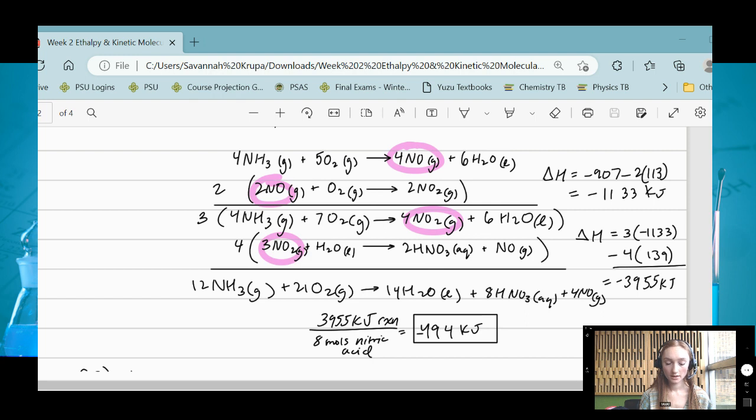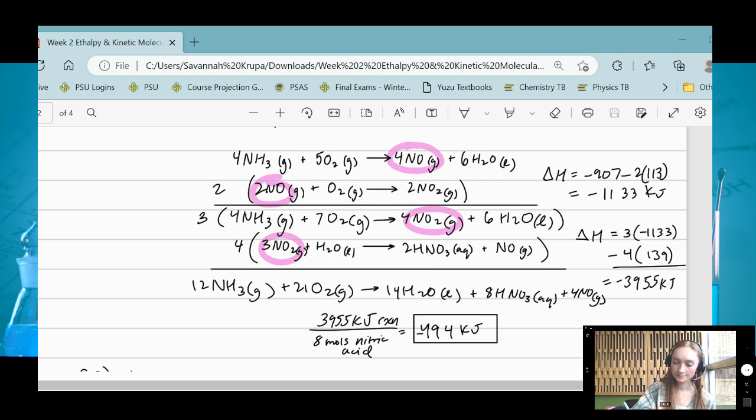So a common multiple of 4 and 3 is 12. That's the earliest value. So all we have to do is multiply each equation by the other's value. So we're going to multiply the 4 on the bottom and the 3 on the top, vice versa for their coefficients. And because I'm multiplying, you also need to multiply the energies.